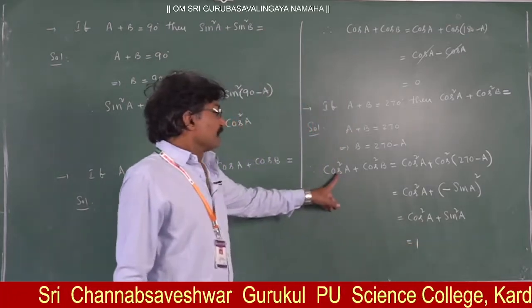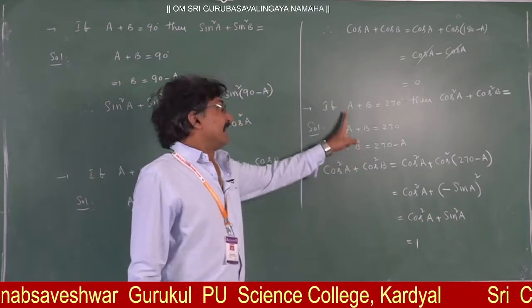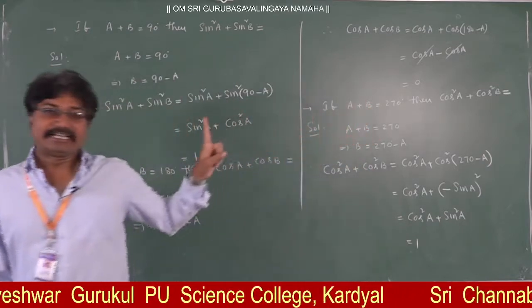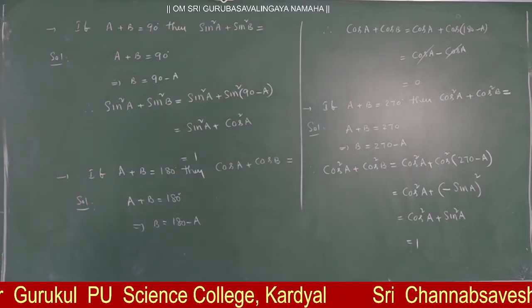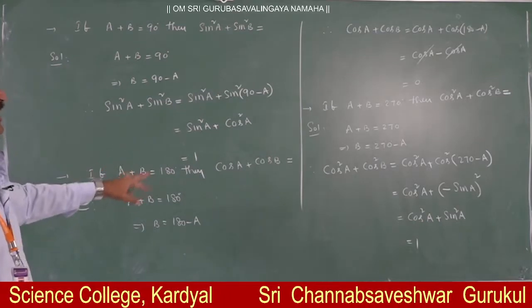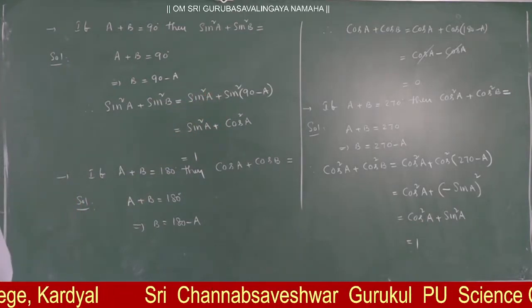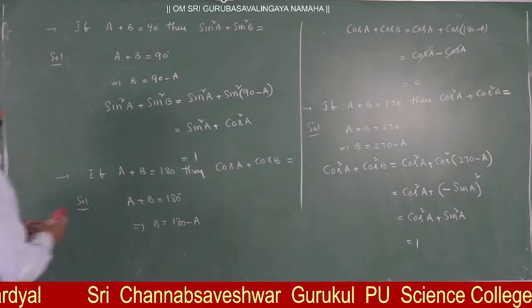Okay, finally cos square a plus cos square b is equal to 1 when a plus b is equal to 270 degrees. These are the applications. One more problem. A plus b 90, a plus b 180, a plus b 270, next a plus b 360.